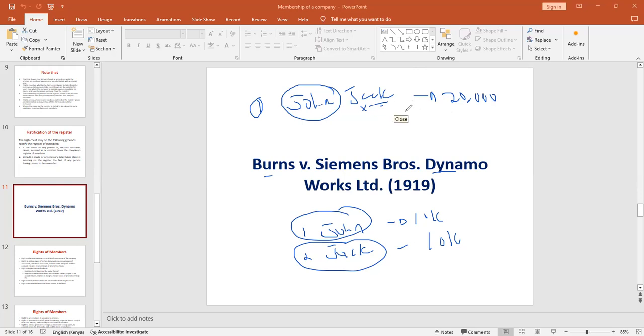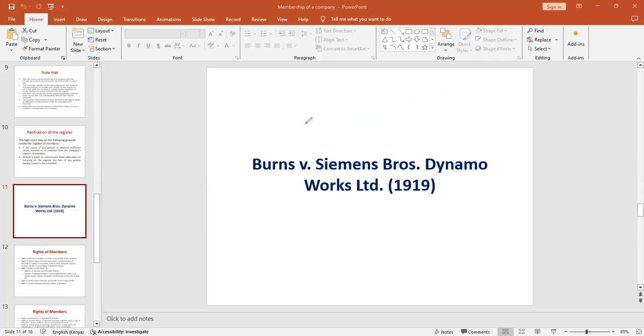Rama, you've not understood. So I said the issue here is these guys' names were entered as one name in the register. And I gave an example. So A and B, or John and Jack. So their names were entered, so let's say number one, and then their names just entered under one list. So see, that's the problem. The problem is these are two people, but they've been entered in the register of members as one person.